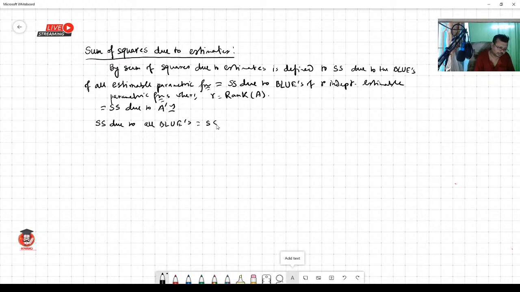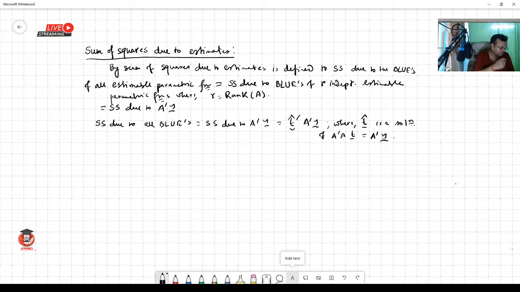This is equal to t hat prime A prime y, where t hat is a solution of A prime A t equals A prime y.